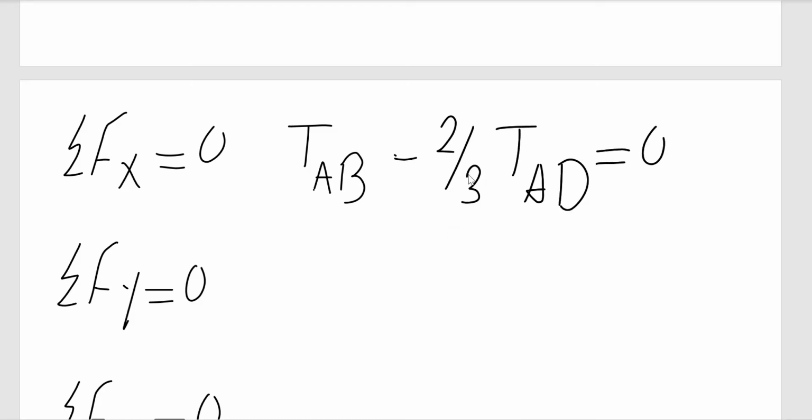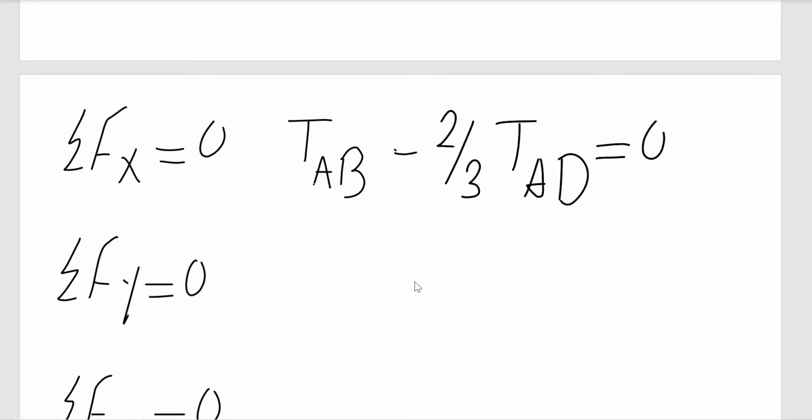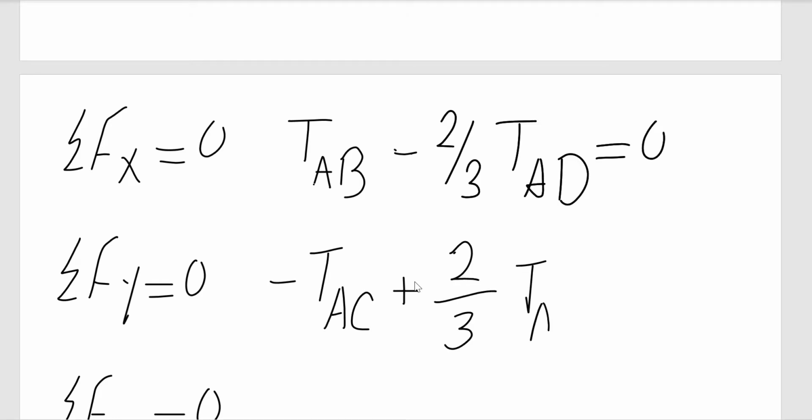So here I have two unknowns. I can't solve it by itself. I need to go and write my summation of forces in y. If I look at y, TAC is in the opposite direction of y, so therefore a negative value. Then 2/3 of TAD, and that's it. I don't have any other component.